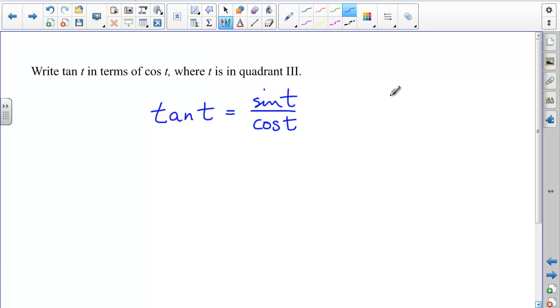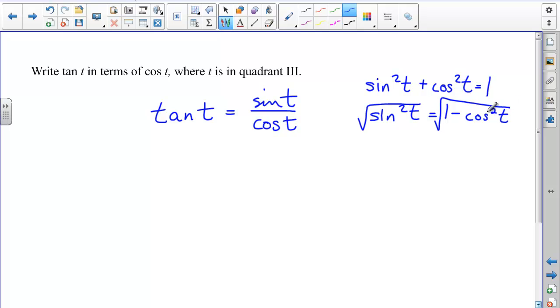Now we have to think about the sine. In a little side note, I know that sine squared of t plus cosine squared of t is equal to 1. So sine squared of t is equal to 1 minus cosine squared of t. Can I square root this? Sure can.